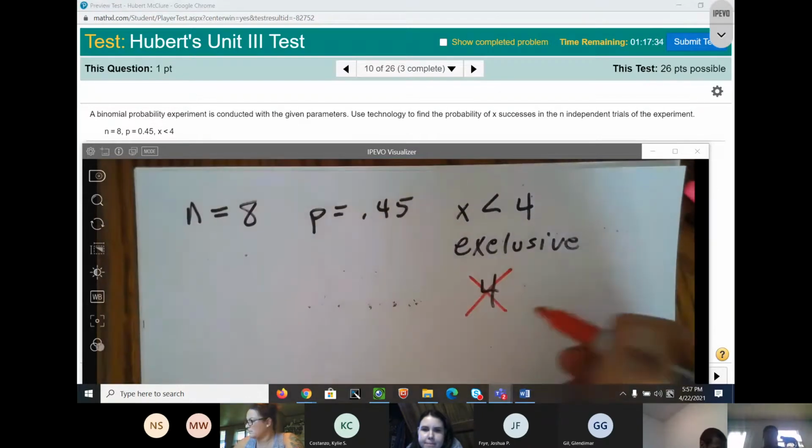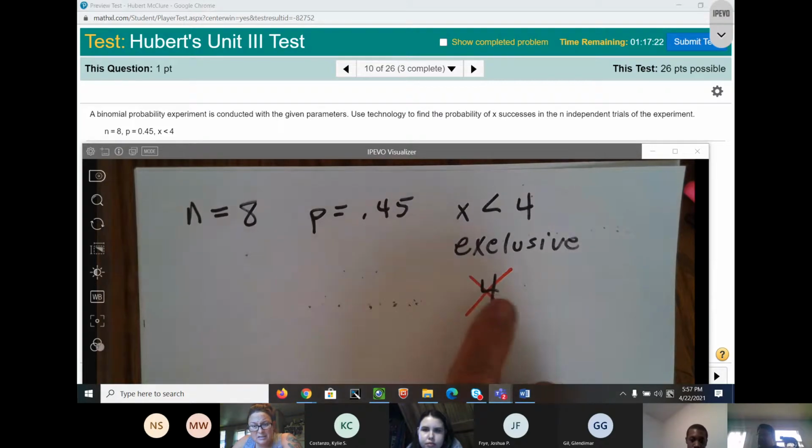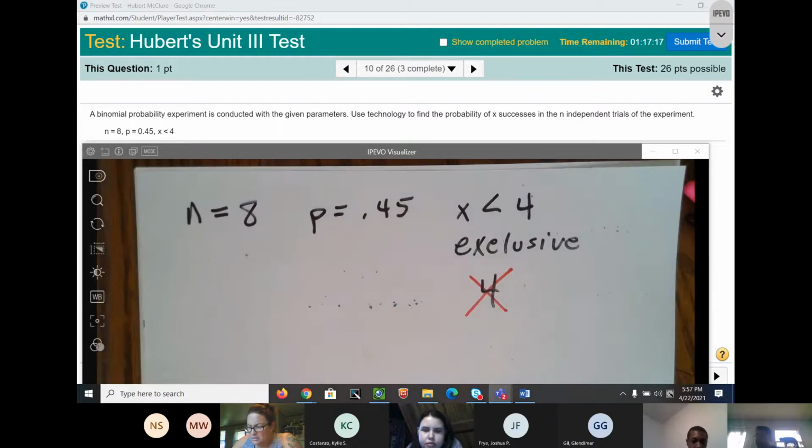Now we're only doing whole numbers. So that means you have to go, what's the next whole number beside 4? On the number line, what's the next? 5. Not less than. 3. There you go. So we're going to draw a number line.